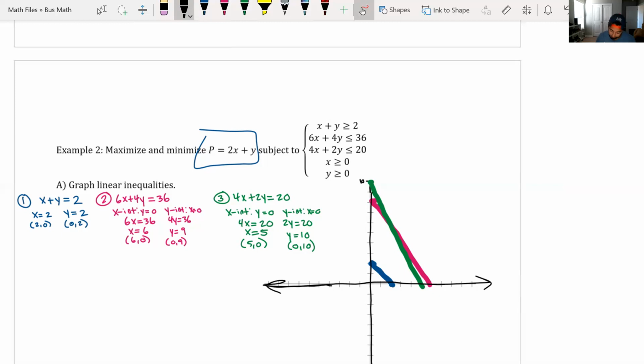So there's that. And now we'll pick our most famous test point because we want a test point either below or above all 3 lines. Well, what test point is below all 3 lines? Yes, that test point is again (0, 0).